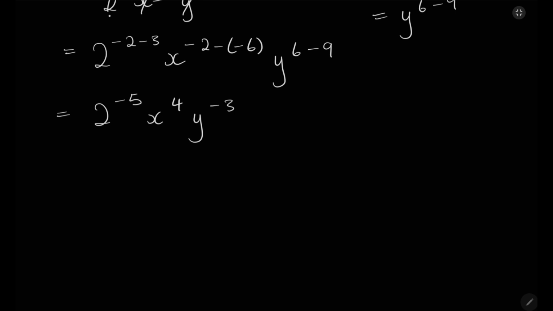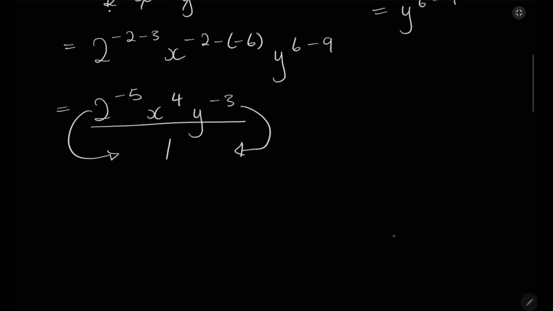So do we have a final answer? Let's check. We have 2 to the power negative 5. It's a negative exponent, so it has to go to the denominator. Then x to the power 4, we leave it there as it's a positive exponent. And then y to the power negative 3, it also has to go to the denominator so that we can change the sign of the exponent.